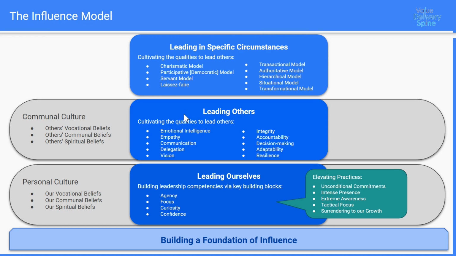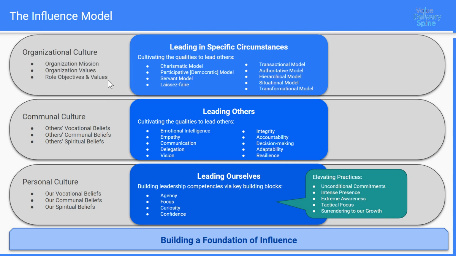We've talked about the various 9 models that help us to focus our leadership in specific circumstance, from charismatic model, participative, democratic model, servant, laissez-faire, transactional, authoritative, hierarchical, situational, and transformational model. All are perfectly appropriate in given circumstance.